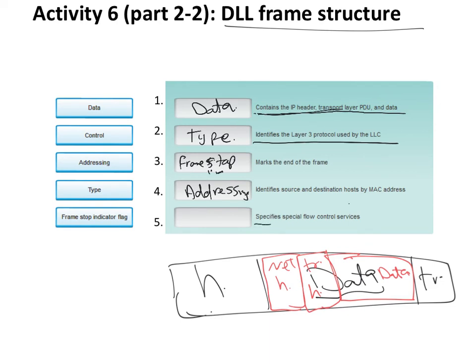And then, specifies special flow control services. This is the control field. As we said, control is used for reliable communication and flow control. So that's the generic frame structure, which is defined as part of the ISO reference model.